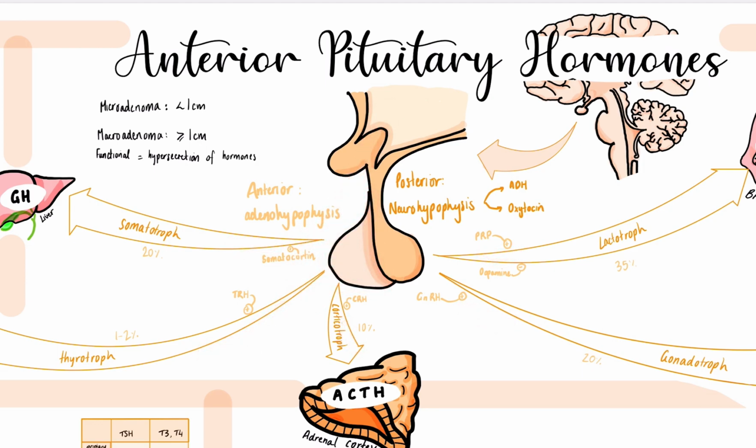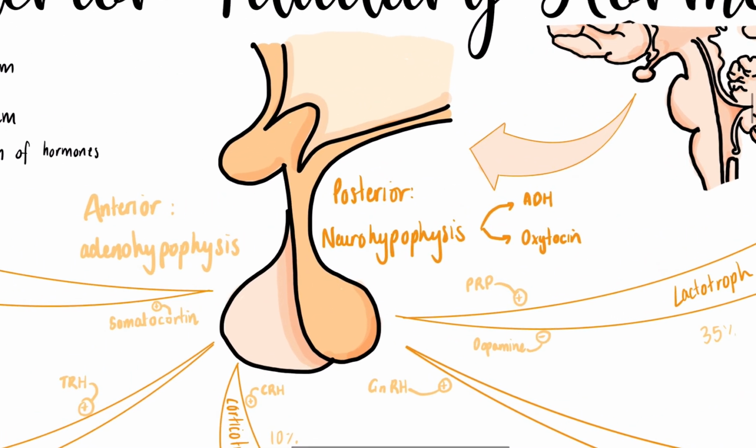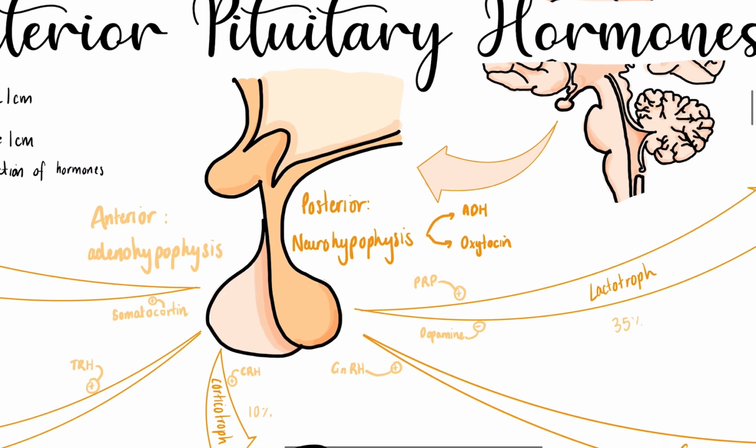In contrast, the posterior pituitary secretes hormones directly into the circulation. And these hormones, which I'm not going to go through, are ADH or vasopressin and oxytocin.